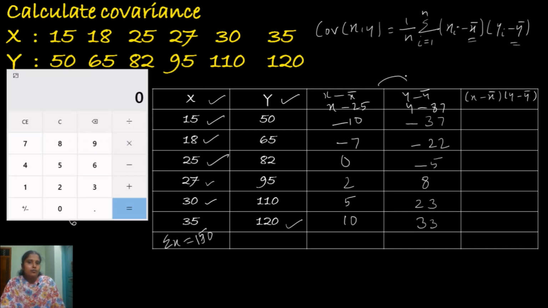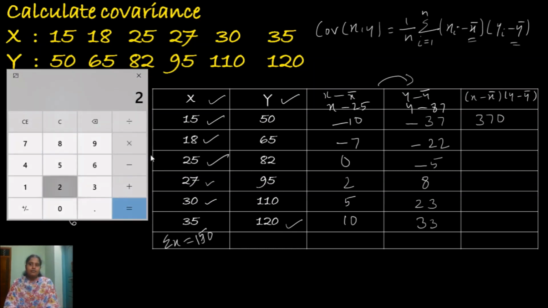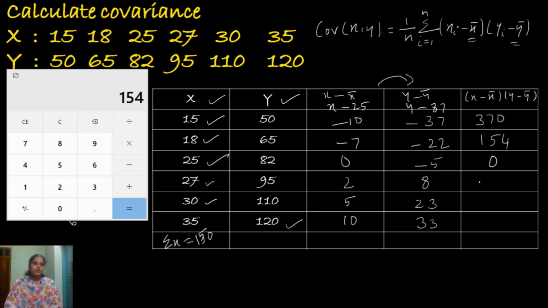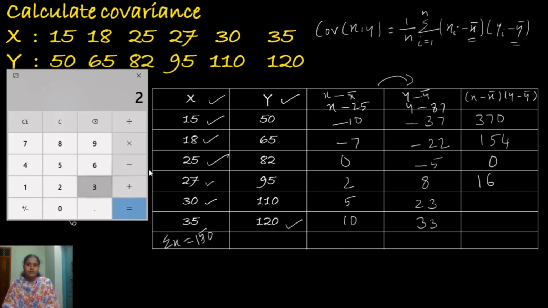Now we have to multiply x minus x bar with y minus y bar. So minus minus becomes plus. We have 37 multiplied with 10, we get 370. And 7 multiplied with 22, we get 154. 0 with any number is 0. 2 8s are 16. 5 multiplied with 23, we get 115.